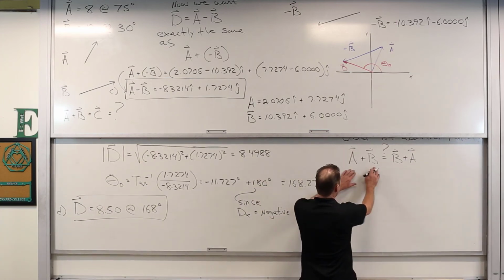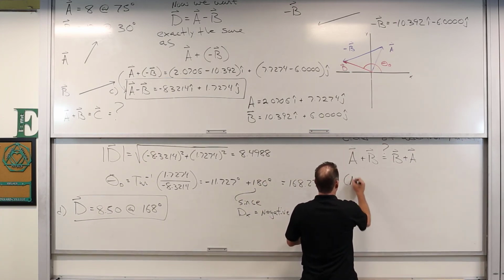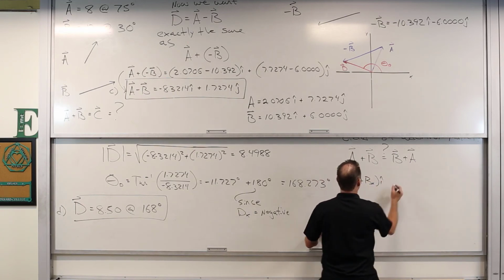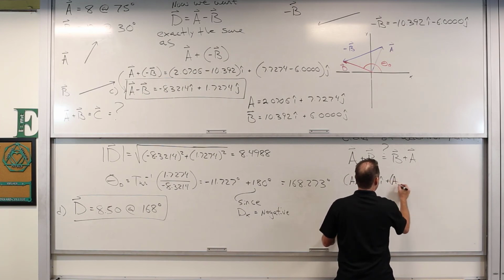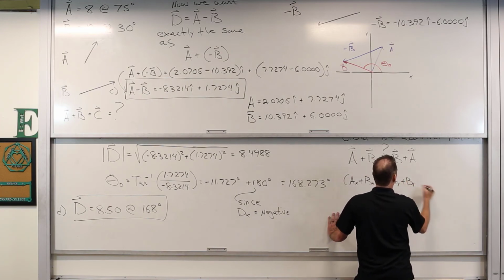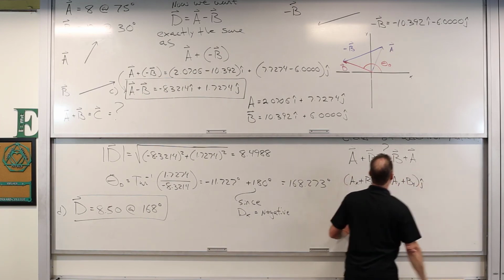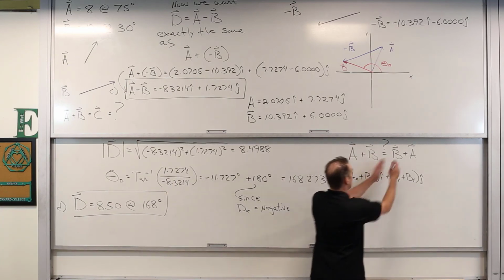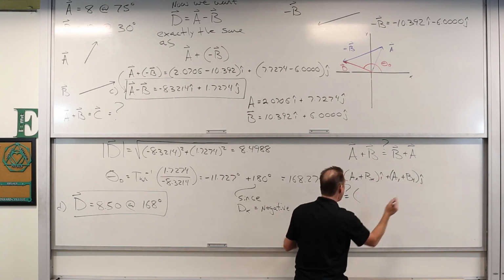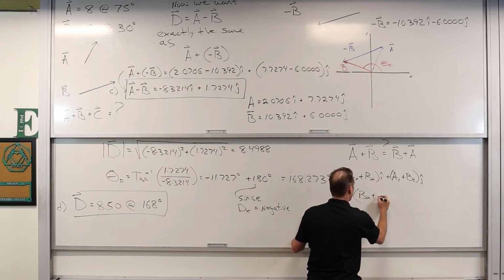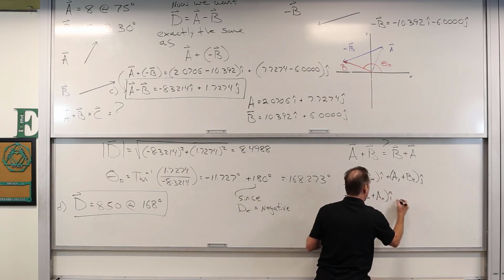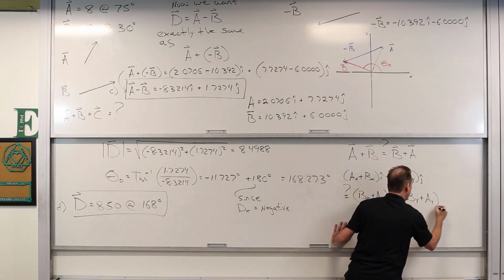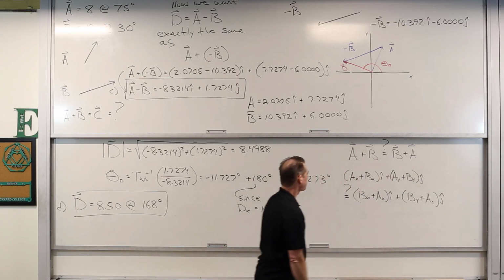We have that A hat plus B hat would be A sub x plus B sub x i hat plus A sub y plus B sub y j hat. And the question is, does that equal B hat plus A hat? Well, B hat plus A hat would be B sub x plus A sub x i hat plus B sub y plus A sub y j hat.